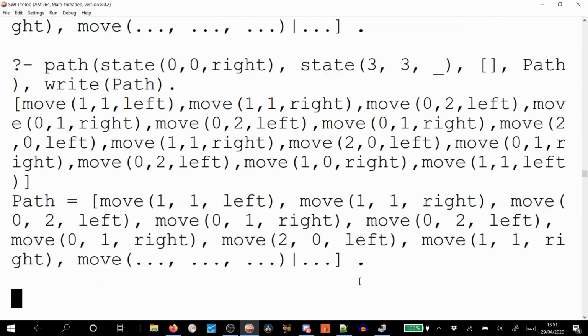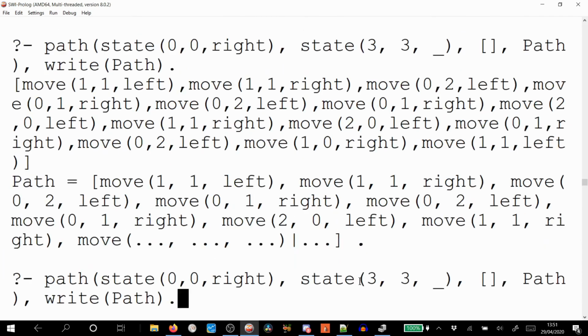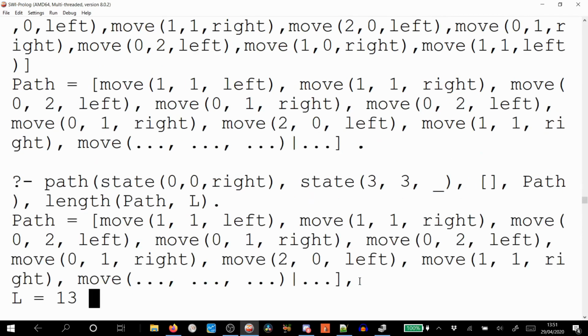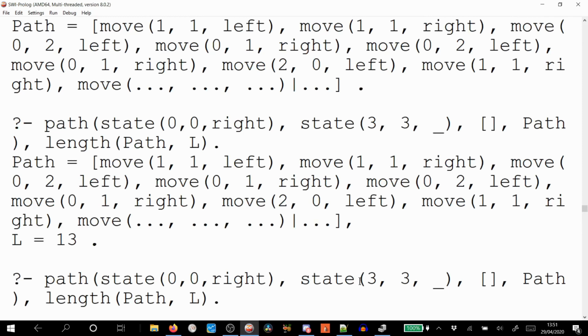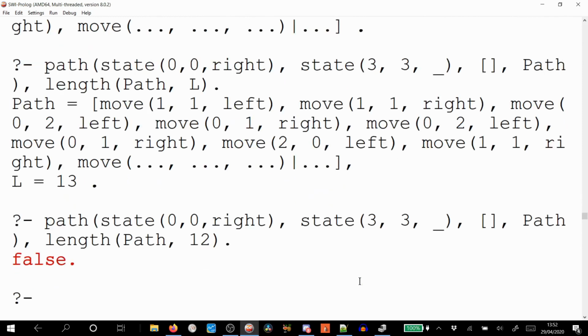Okay, let's check what the length is, because we want to obtain the shortest solution. Length of the path, L. The length here is 13 movements. Let's check if there are solutions with less than 13, with 12. No, there is no solution with 12.